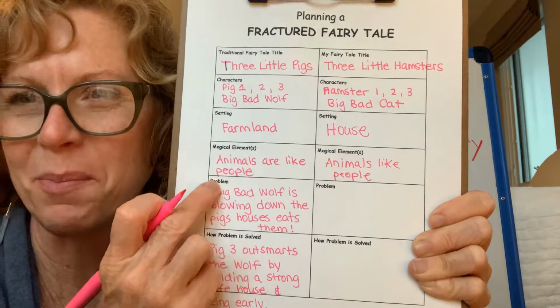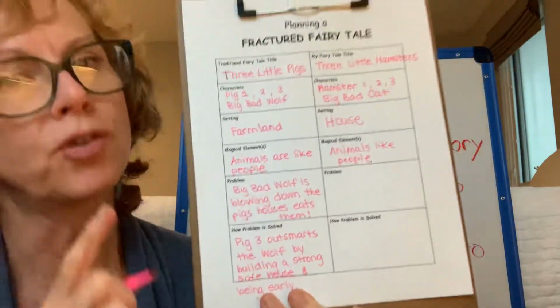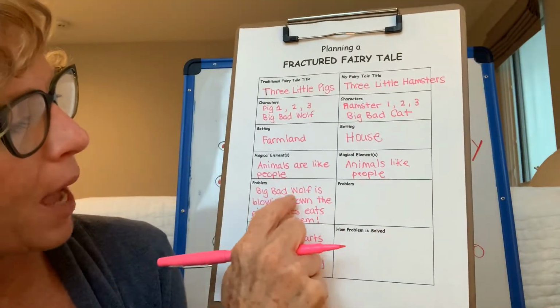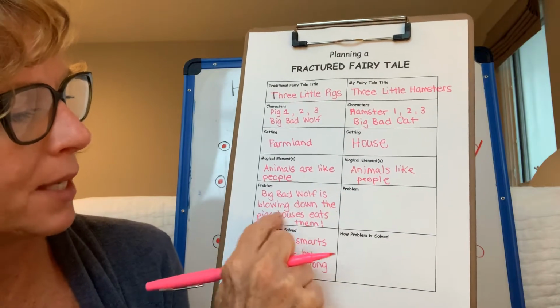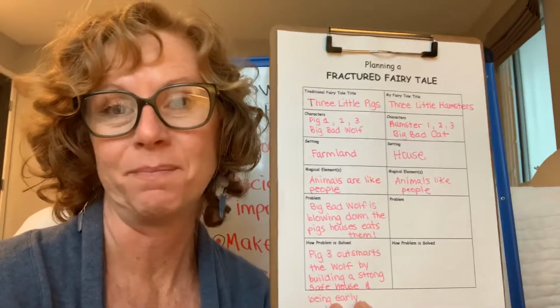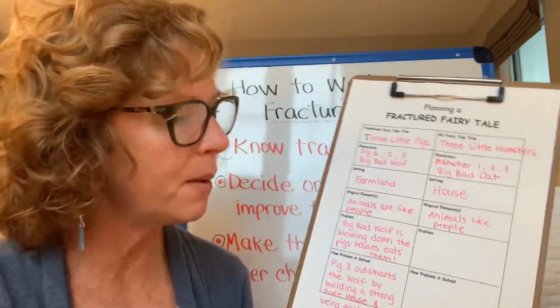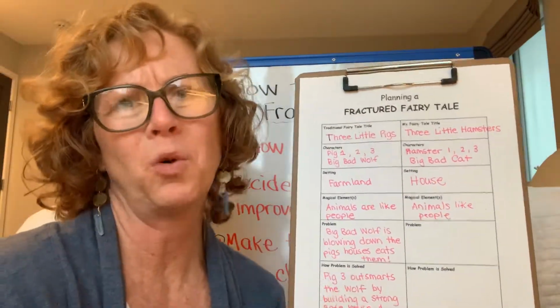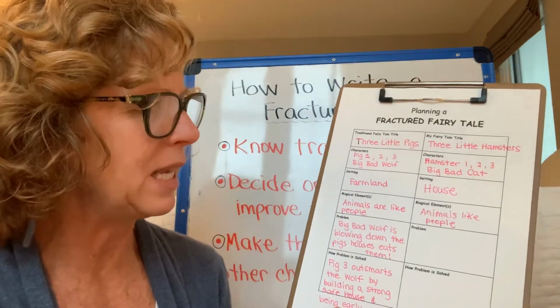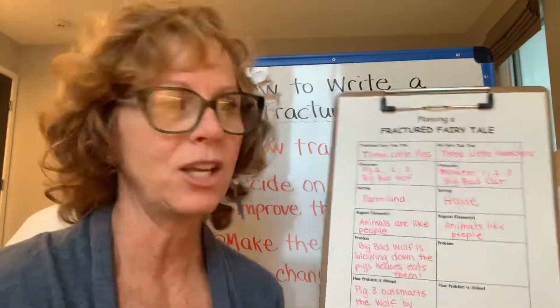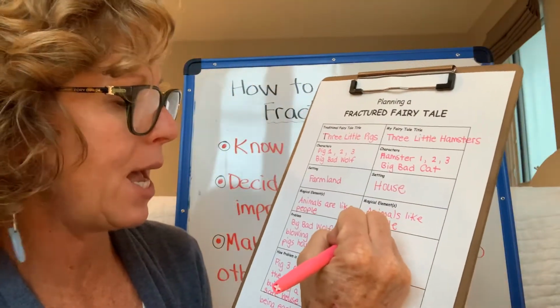Oh, here's the problem. The problem in the traditional story is that the big bad wolf is blowing down the pigs' houses and he eats them. So I'm going to have maybe a similar problem, but it can't be the big bad wolf blowing down their houses and eating them. But I think I could do the big bad cat.